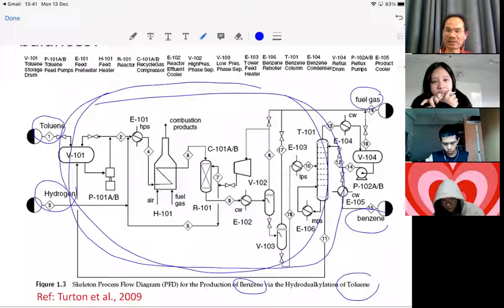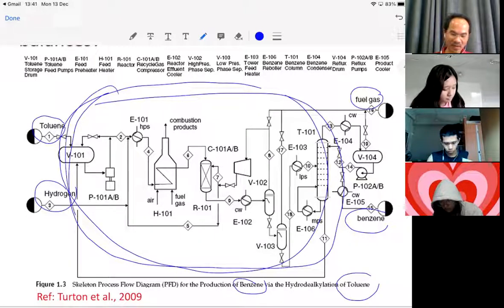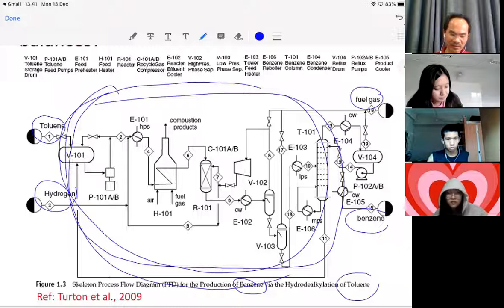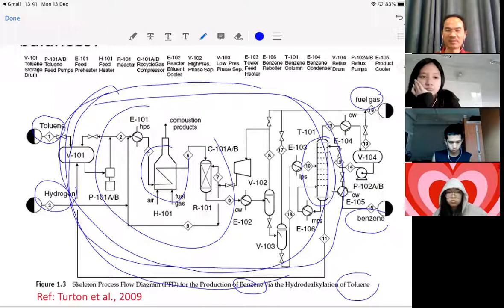In this class, you can do an overall balance, or you can do the balance around a reactor, or around a distillation column, or a mixing unit. You can balance the mass around a single unit, multiple units, or the overall process.